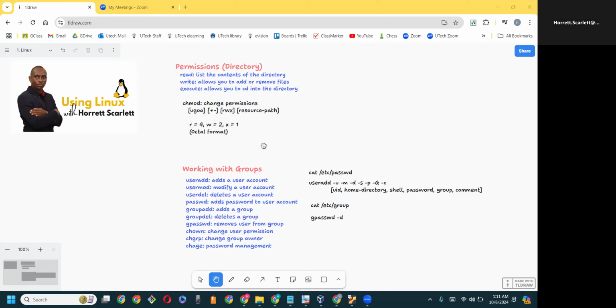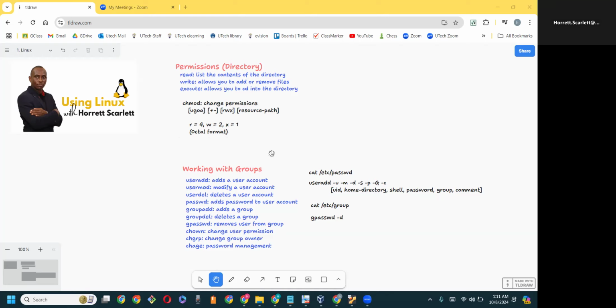All right. Now, irrespective of how you look at it, what you want to bear in mind is that R is always going to be that leftmost bit, and X is always going to be that rightmost bit, and W is going to be that bit that falls into the middle. Now, because of the placement and because of the binary number system, whenever we work it out, we know that R is going to be 4, W is going to be 2, and X is going to be 1.